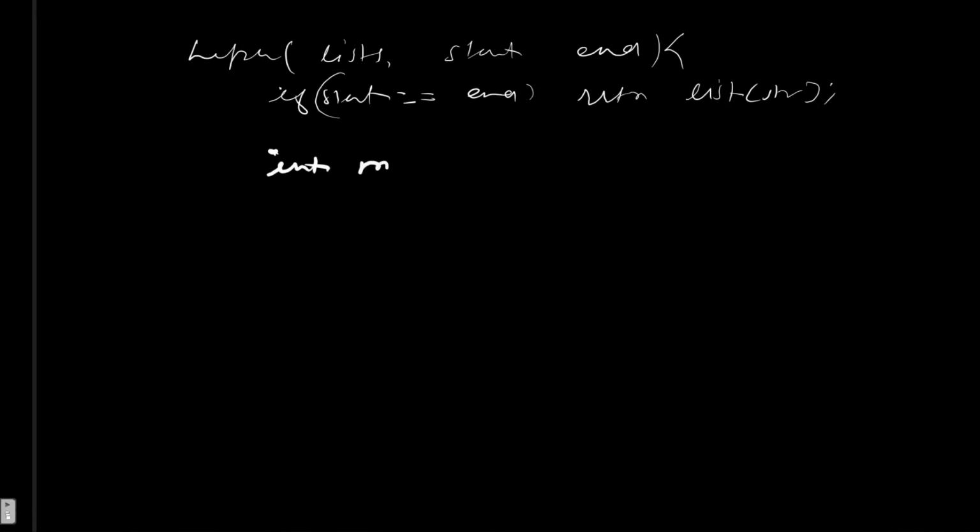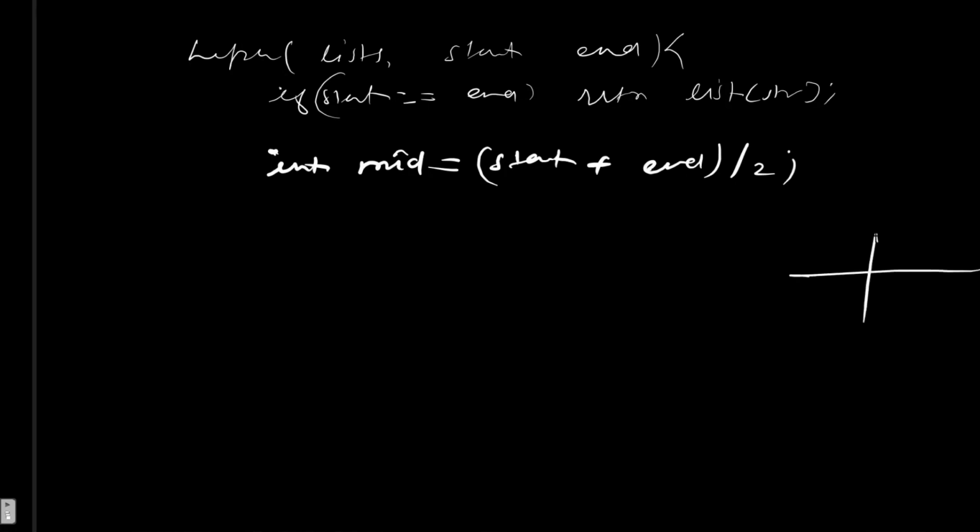First we have to find the mid, which is start plus end divided by 2. Let's say this is the total number of linked lists. We are dividing this in between, and now we'll be solving this part and this part. Again for each part we'll be dividing, and the same will be followed until we find a single linked list, and then we'll be merging the resultants.